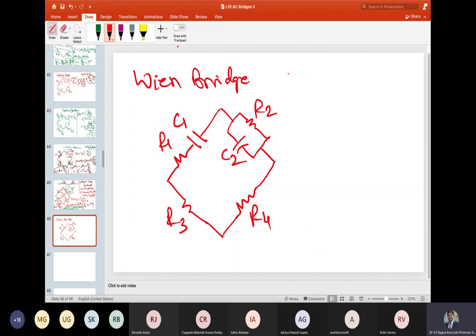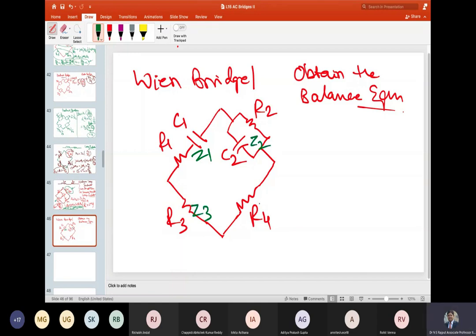How do we obtain the balance equation? As usual, if I consider it as Z1, Z2, Z3, Z4, I can write Z1 by Z2 is equal to Z3 by Z4, right?